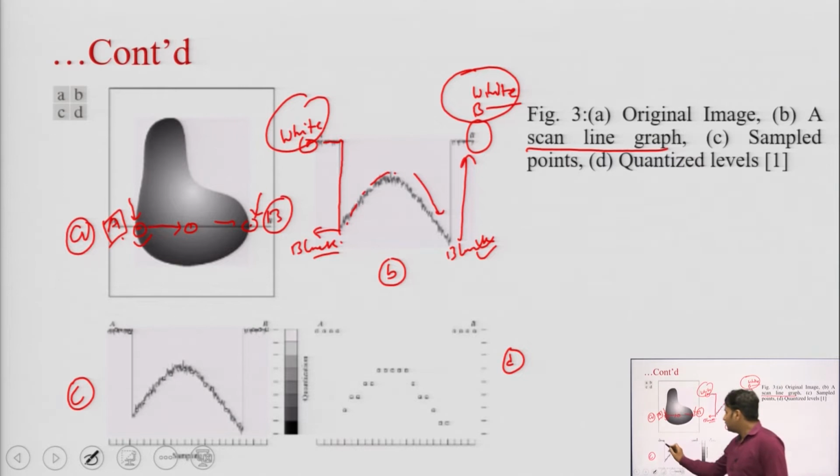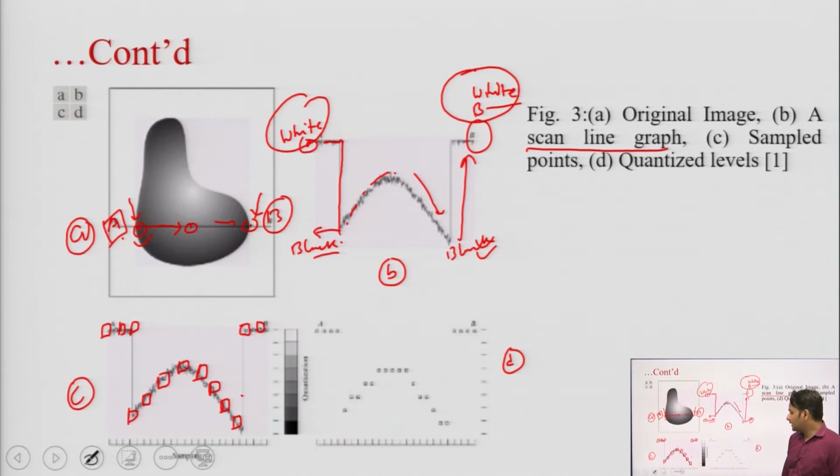So, here you may observe we are sampling this point, this point, this point, after that this point, this point, this point, roughly I am plotting here. So, this is your sampling data, and based on this sampling data you can assign the label.